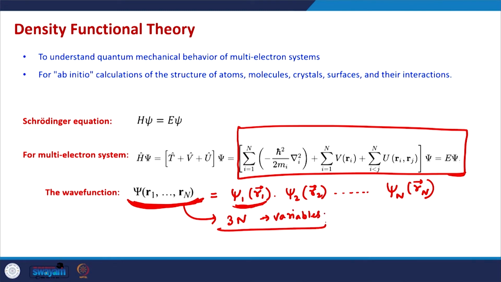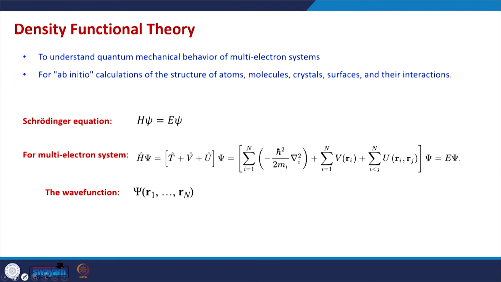So in multi-electron systems, this Schrodinger equation involves a wave function that is a function of 3n variables, and if n is a few hundred electrons, only a few hundred, small systems, even in that case this equation becomes almost impossible, or impossible to solve actually. This becomes unsolvable. In other words, that's the curse of dimensionality.